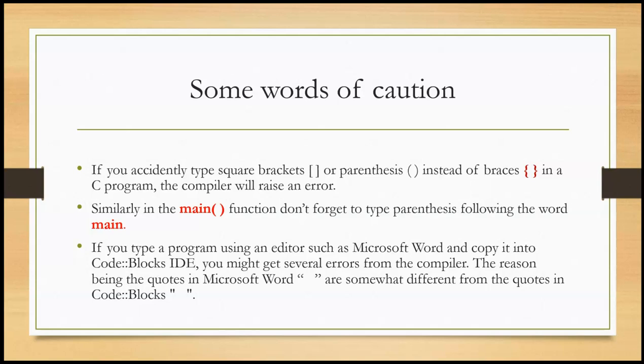If you type a program using an editor such as Microsoft Word and copy it into the Code::Blocks IDE, you might get several errors from the compiler. The reason is that the codes in Microsoft Word are somewhat different from the codes in Code::Blocks IDE.